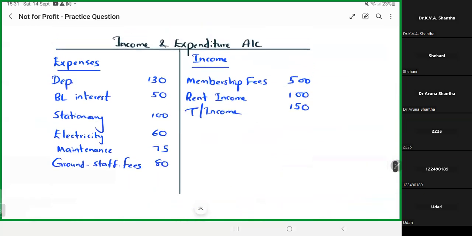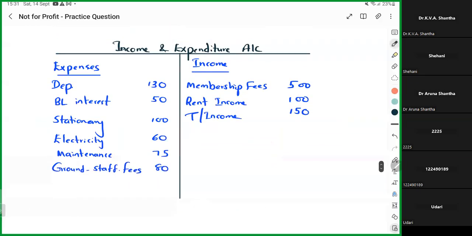So under income, 150. So this is one accounting method. This is not a rule.